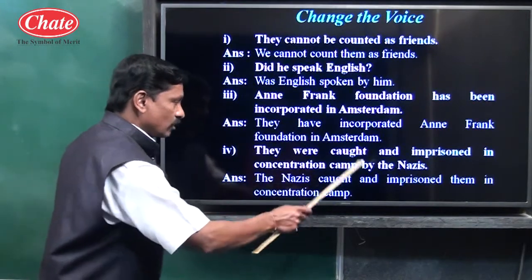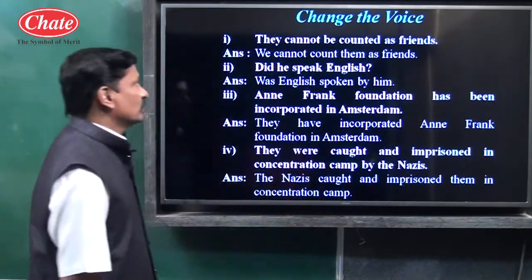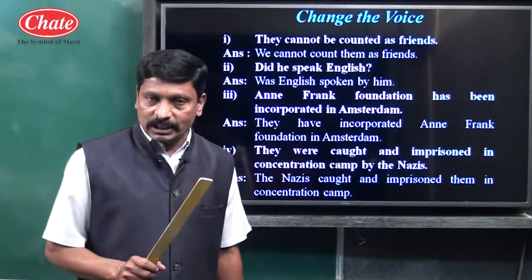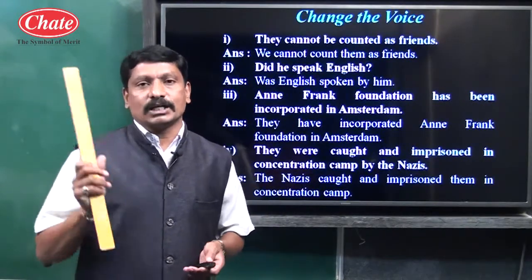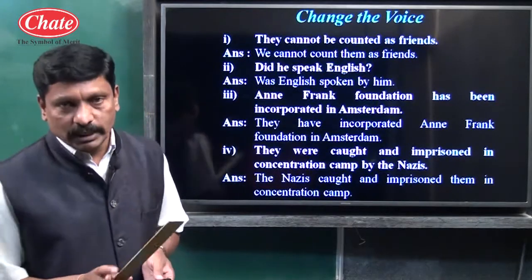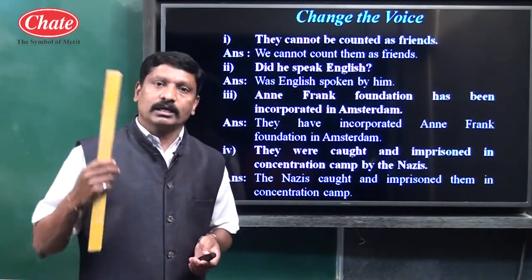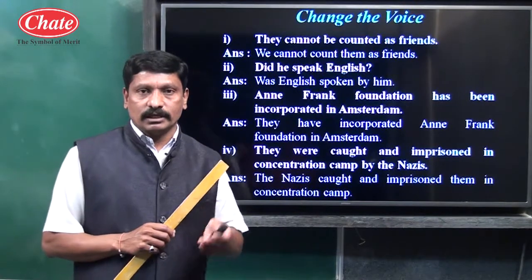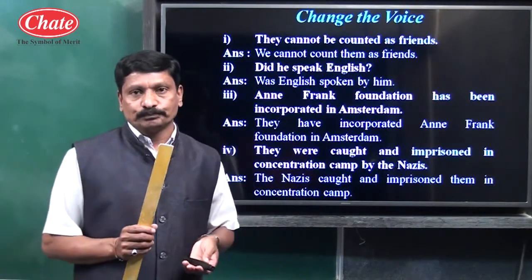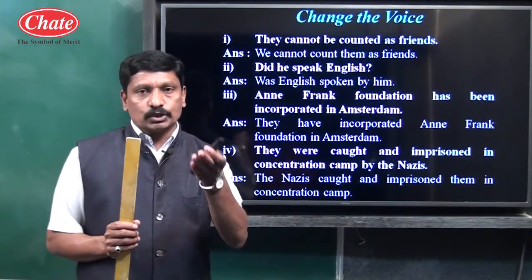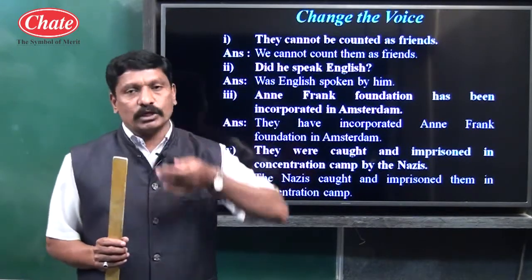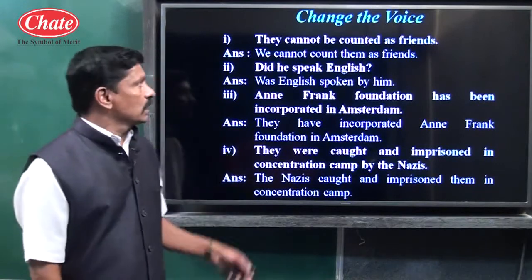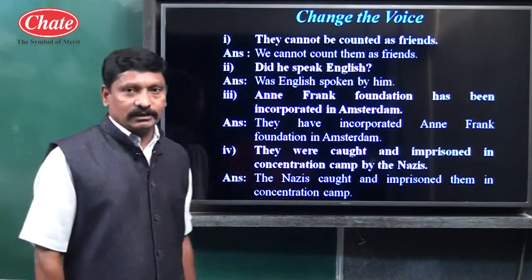The Nazis caught and imprisoned them. So children, in active voice and passive voice, we understood that these are two structures. We use the active voice structure if we want to give importance to the subject. If we want to give importance to the object, we use the passive voice structure. And how to recognize active voice and passive voice, we have seen. Okay children, thank you.